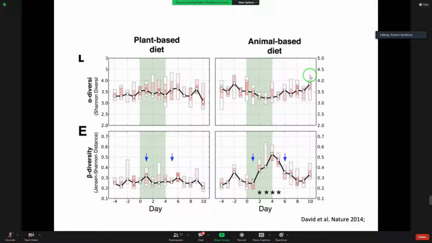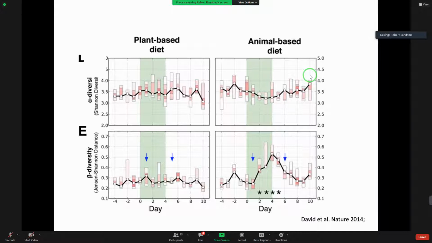And what was really interesting is that these changes led also to changes in other markers of microbiome composition, including beta diversity. So the variability between subjects was clearly altered, especially after switching to an animal-based diet, but also quickly went back to the original state that these microbiomes were in these subjects.